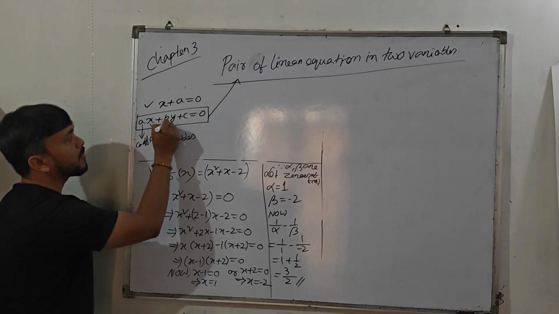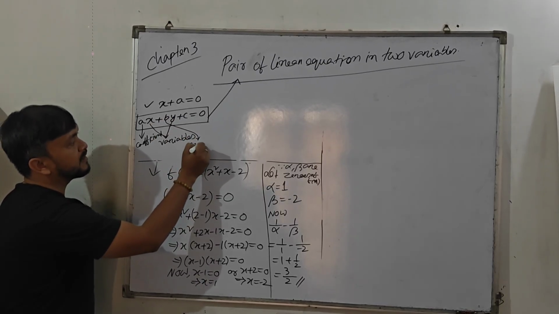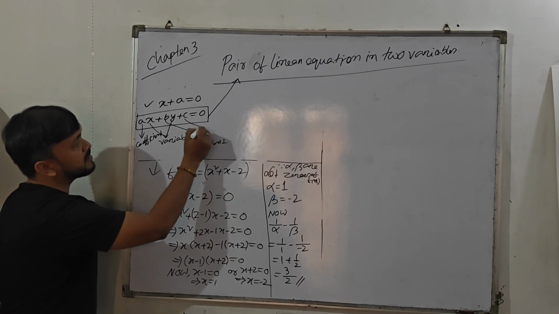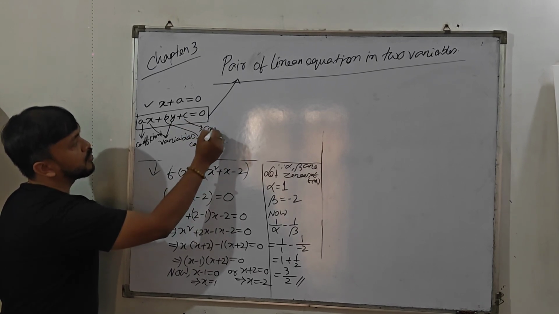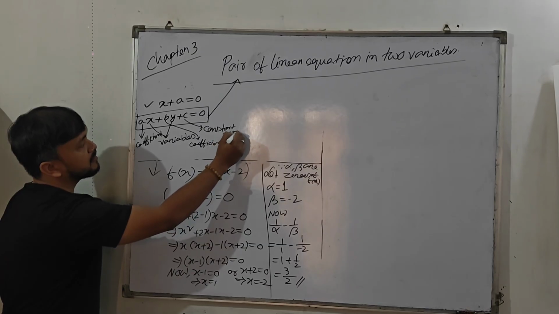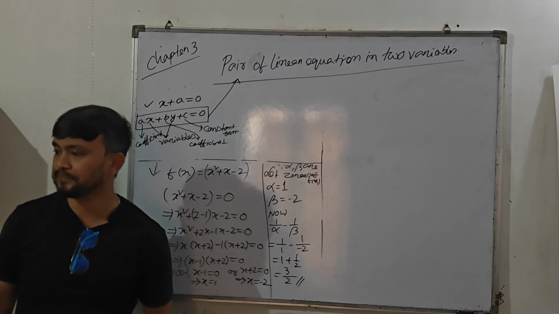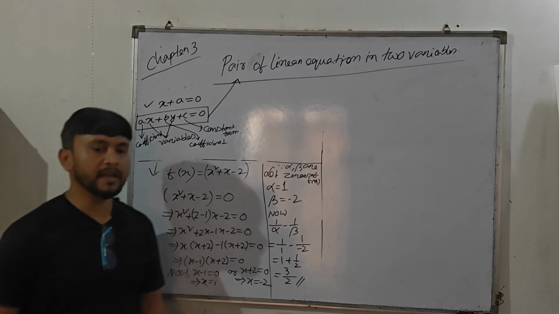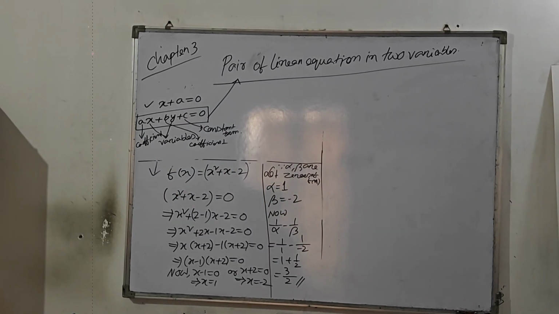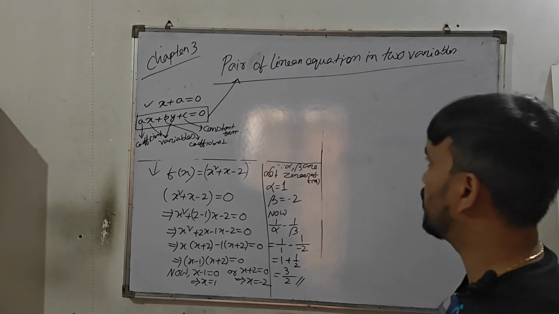This is also a coefficient. And this is the constant term. Now I already told you that any polynomial can be written as an equation.